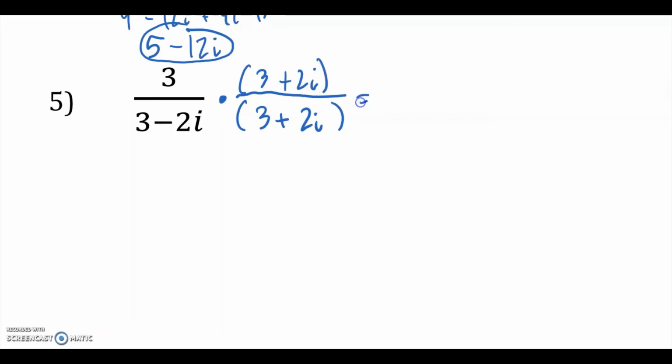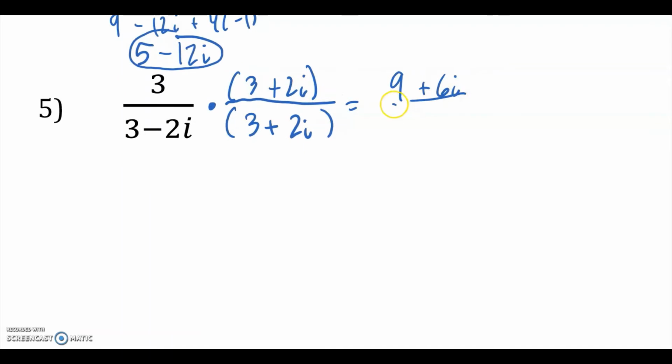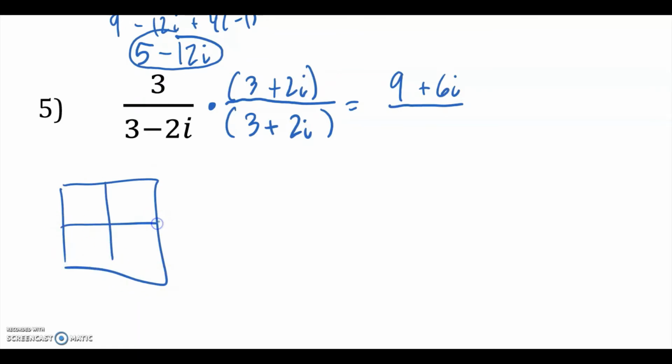So the numerator, distribute 3, I end up with 9 plus 6i. The denominator, go ahead and multiply out. 3 minus 2i, 3 plus 2i, here's the complex conjugate piece, I get 9, -6i, 6i, which cancels those two terms, and -4i squared, which turns into 4.